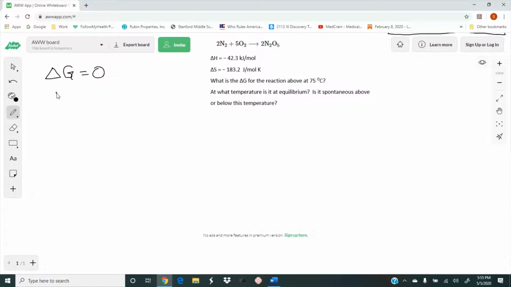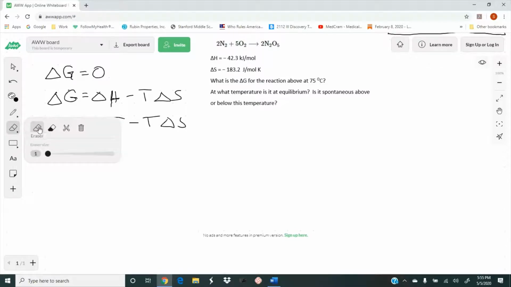Once again, we're going to use the same equation. Delta G is equal to delta H minus T delta S. And we're going to plug in 0 here. So 0 is equal to delta H minus T delta S. Let me fix that right there.